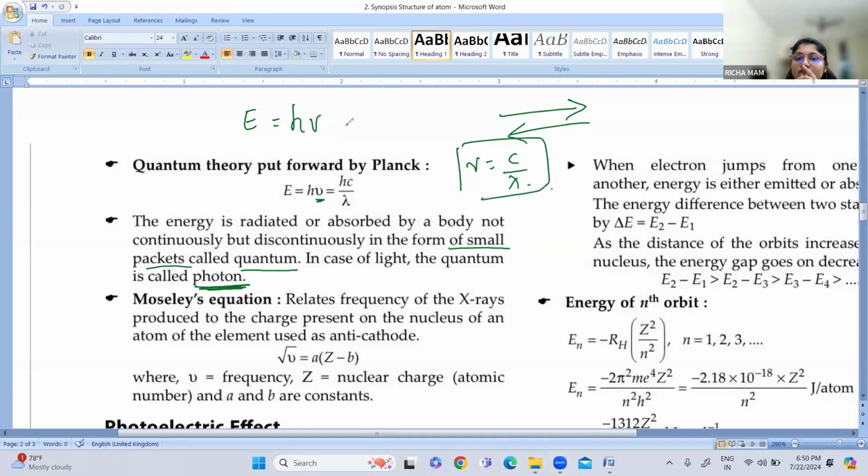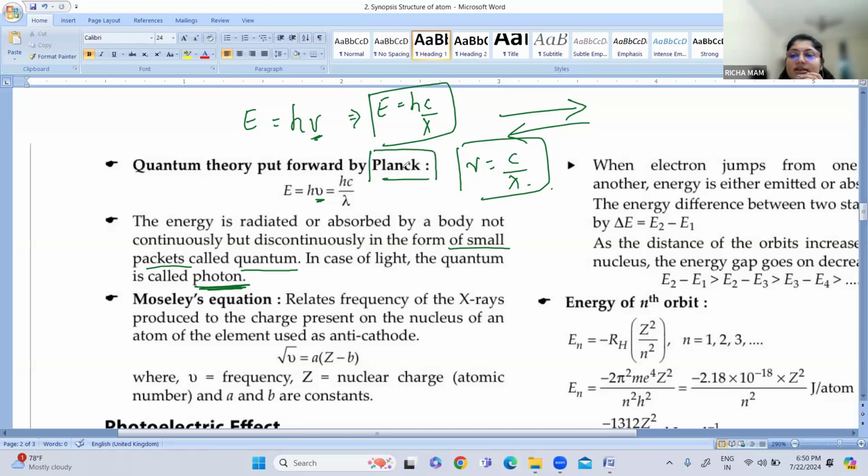If we put this value in place of nu, we get E equals hc by lambda. This is Planck's quantum theory. Please remember this one formula, E equals hc by lambda. Energy is associated with small packets, called quantum or photon, given by the scientist Planck.